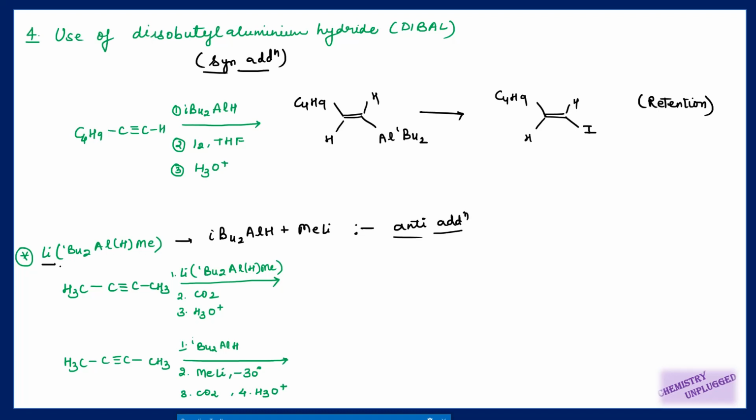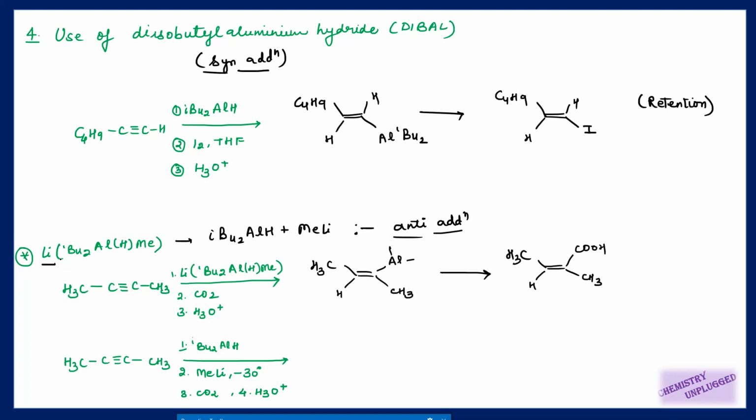For example, in this case I am using this lithium hydrido diisobutyl methyl aluminate first, so there is anti-addition, and we will get this one. Then we use CO2 and then acidic hydrolysis. Simply, we have to attach a carboxylic group here. Similarly, you can use different types of electrophiles. You can use iodine, you can use aldehyde to have alcohols here, you can use acid chlorides. So we will get this one. But in this case we are using them differently.